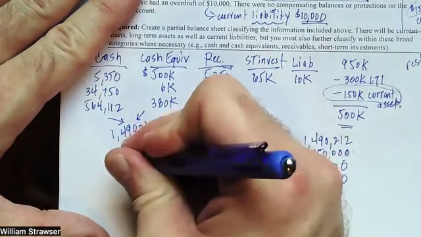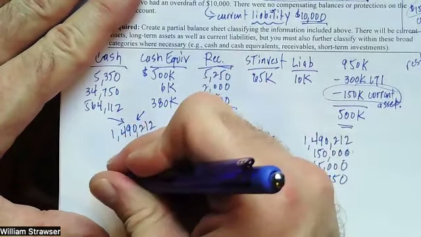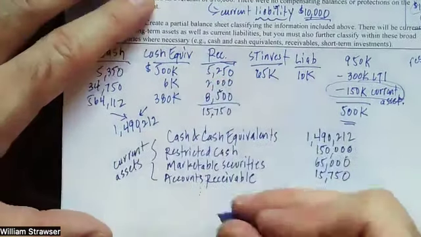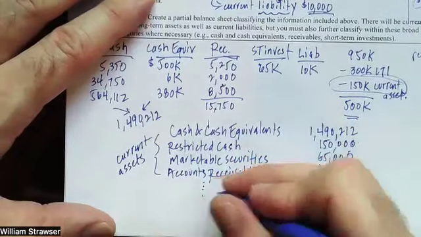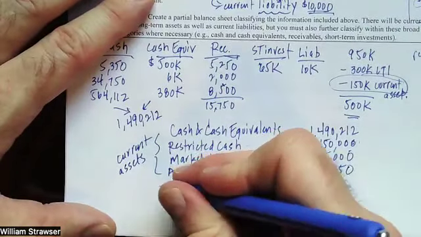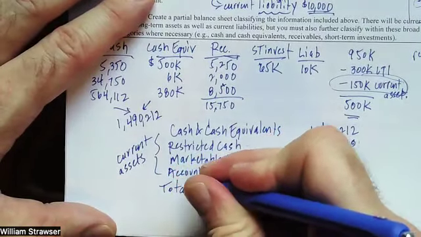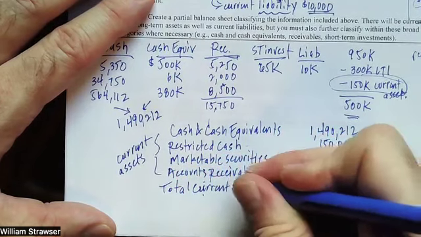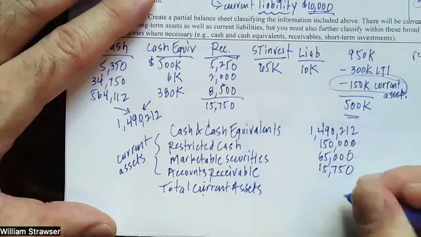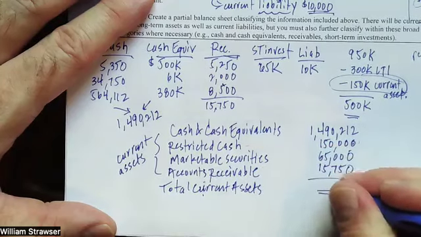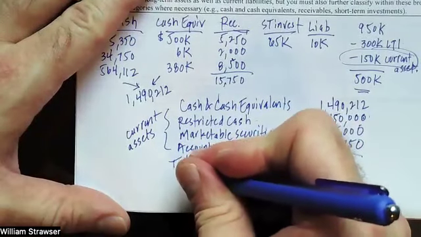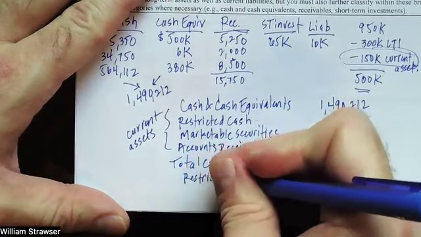Those are all going to be converted into cash or used up within a year. Now, I'll draw some ellipses here, or I'll say total current assets, and then you'll know for sure this next thing is not a current asset. So if we had total current assets, we put it there, and then we'd have more restricted cash right below that.